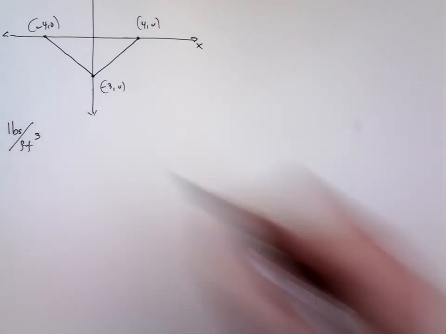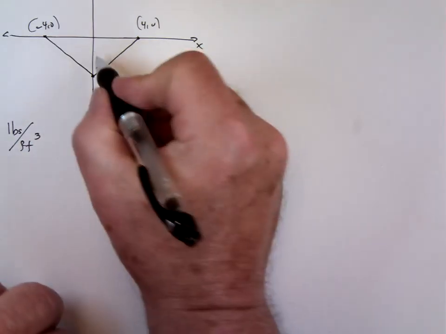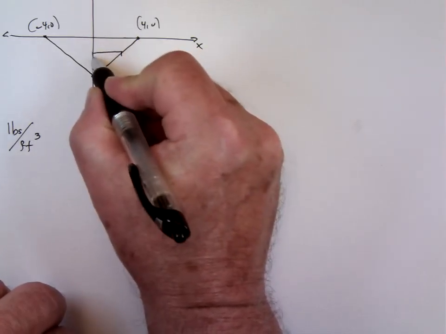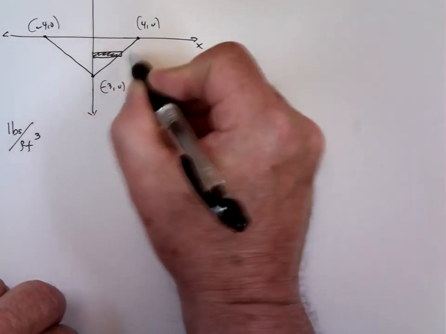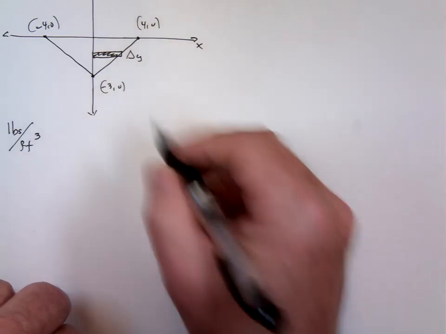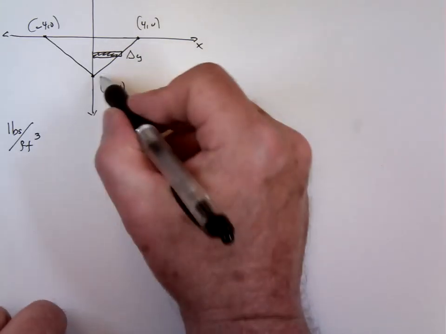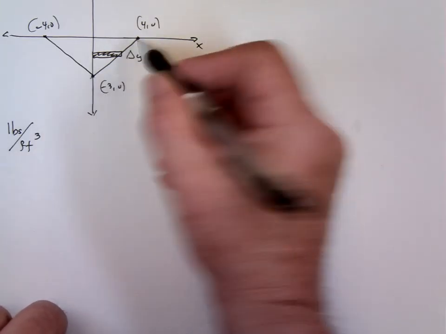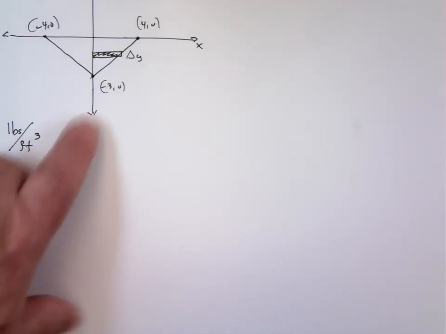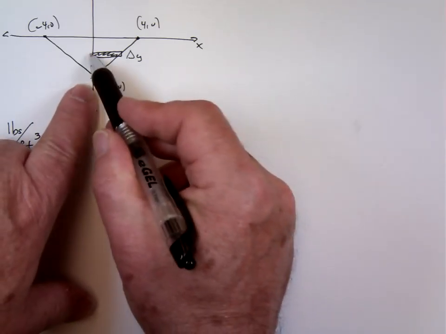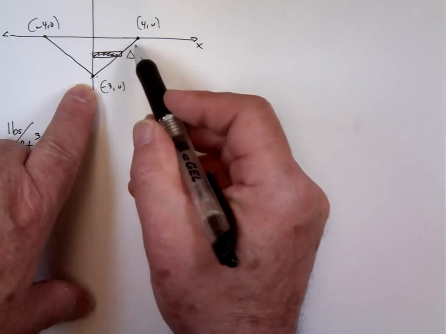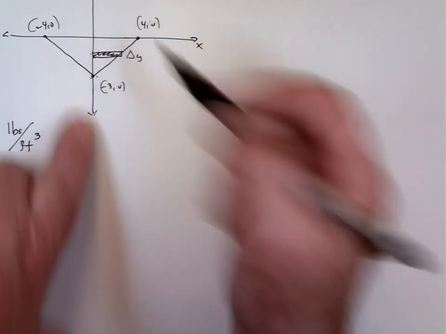Okay, let's find it. Again, I'm going to take half of it and double it. What we're going to need is the equation of this line, in order to convert this x distance into a y. Let's find the equation of this line first.